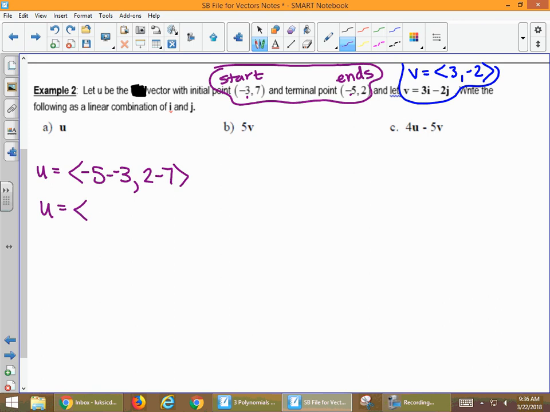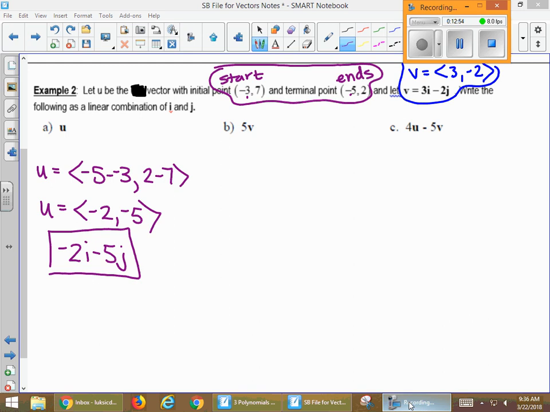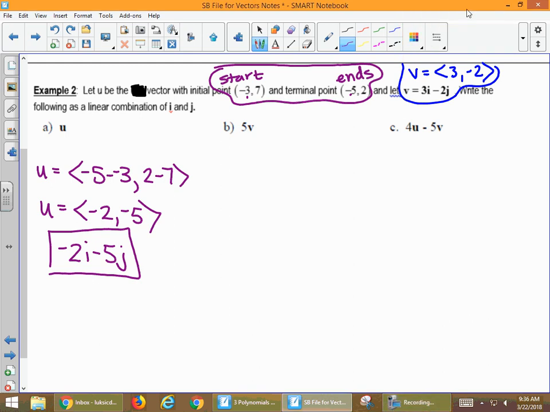So negative 5 minus negative 3 is negative 2. 2 minus 7 is negative 5. That's component form. To write that in the i and j standard form, we write negative 2i minus 5j. Does that make sense?